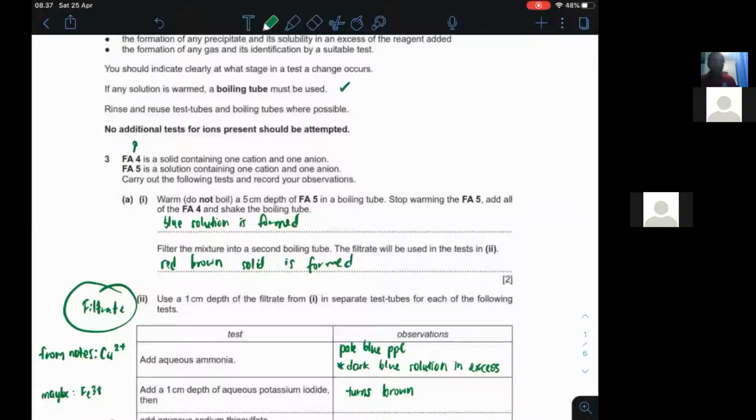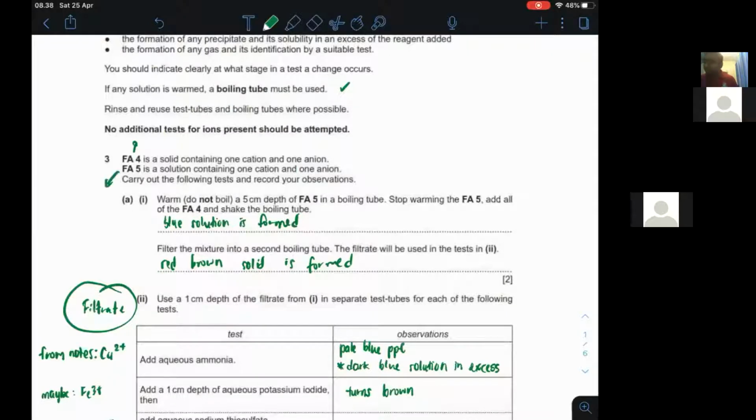You need to take note of this. So when you add acid to FA4, don't expect suddenly to get hydrogen gas. Do not expect that. All this information is very important.